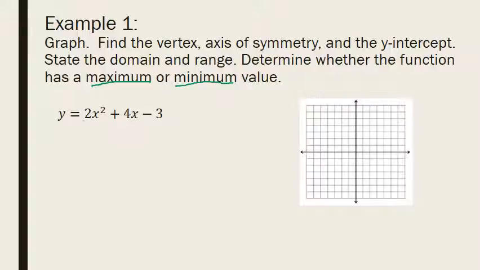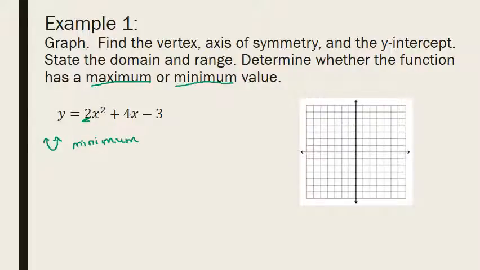Well, let's look at this a value. The a value here is positive. Therefore, we know that the parabola is going up, and if it is going up, we know that it has a minimum point. Okay, so we've got that situated.